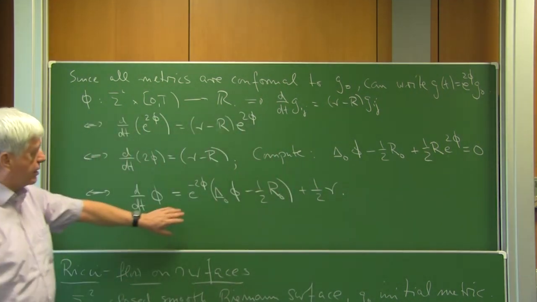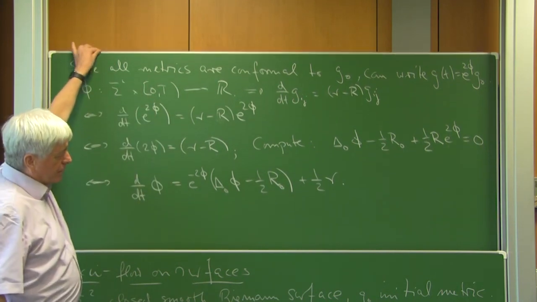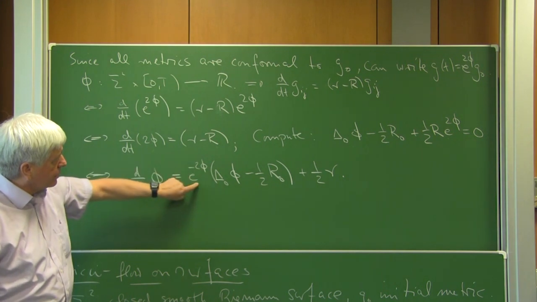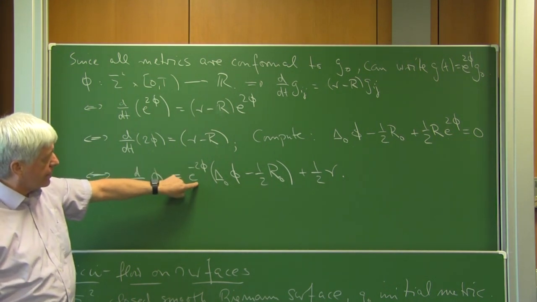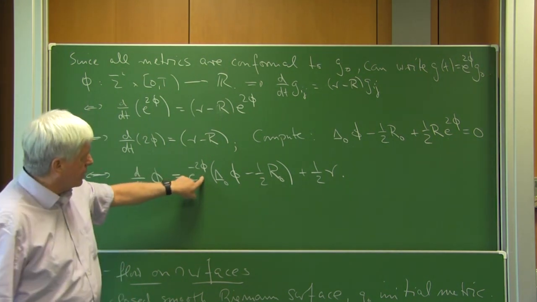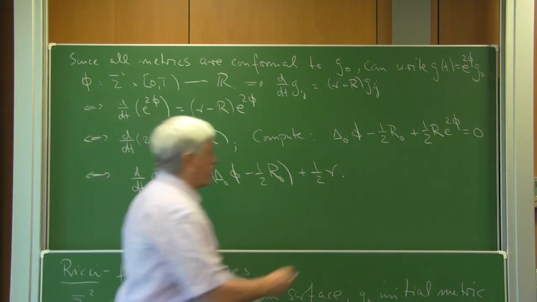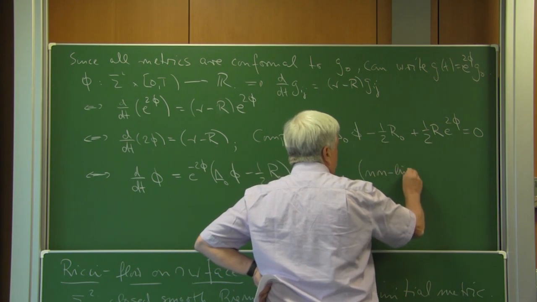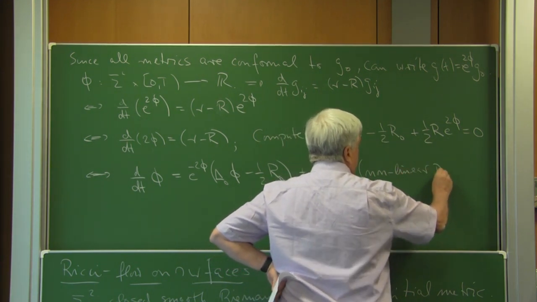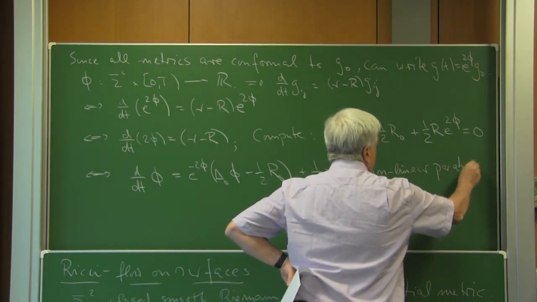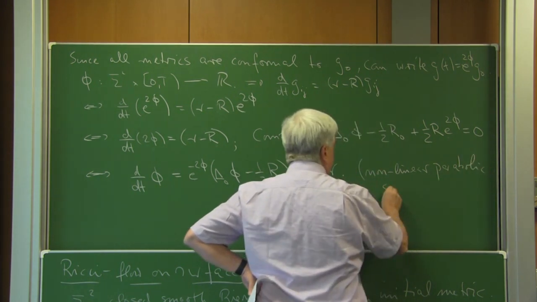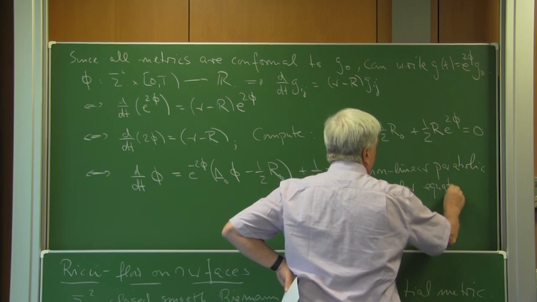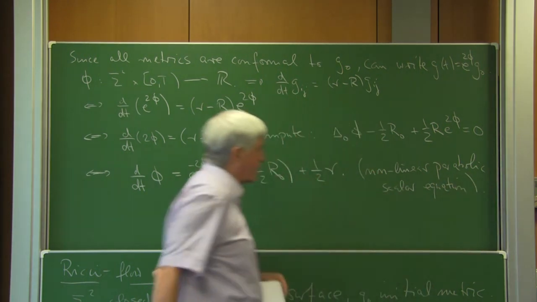So this is a parabolic equation because the Laplacian is an elliptic operator, but you have, of course, the nonlinearity coming from this factor here. So this is a nonlinear but parabolic scalar equation controlling the whole thing. Okay?